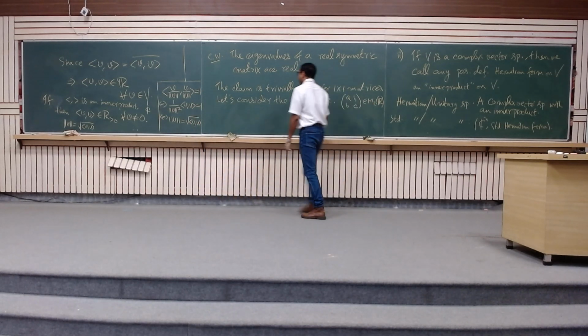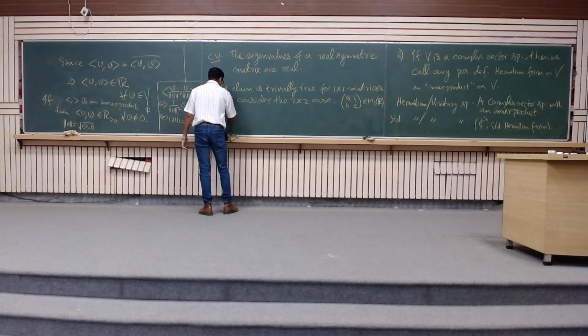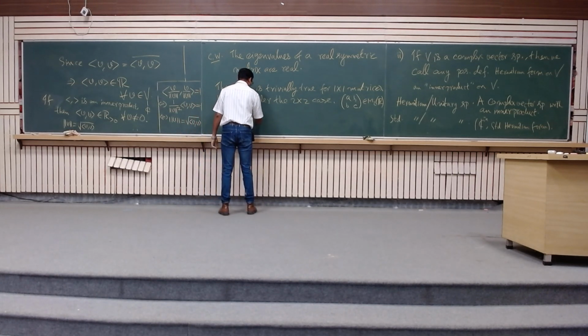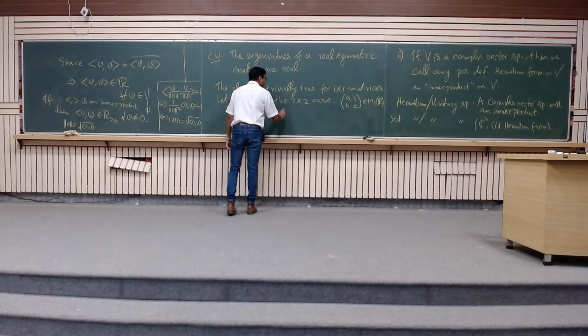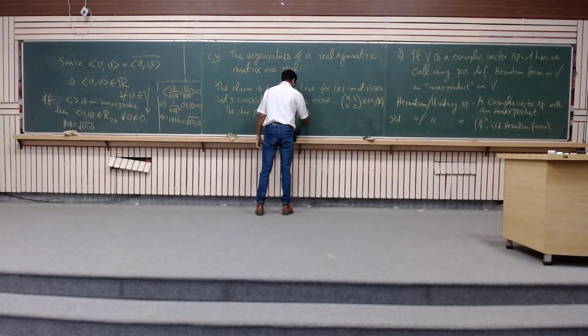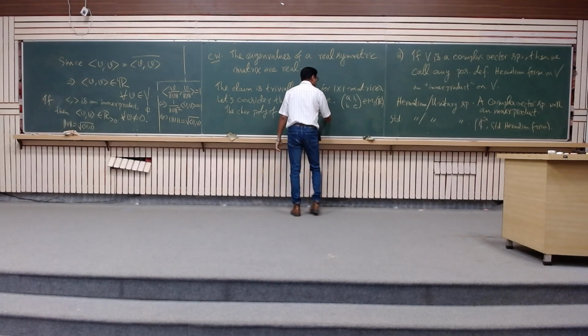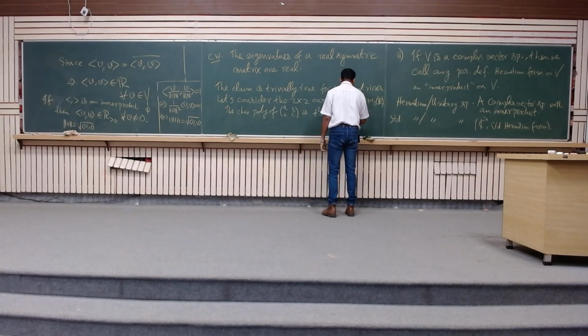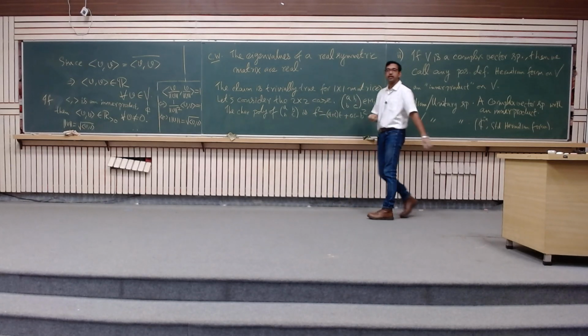Its characteristic polynomial is t squared minus (a plus c) t plus (ac minus b squared), right?